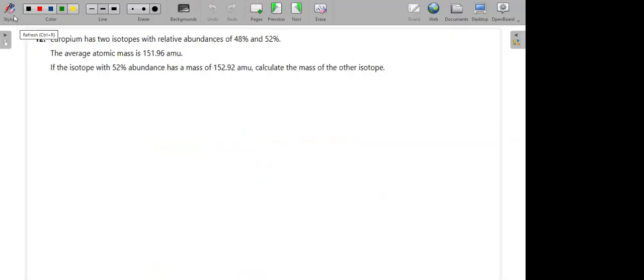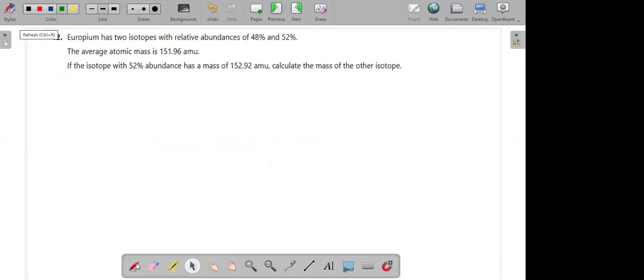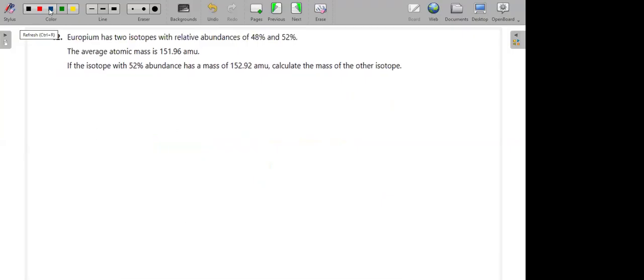The other one is this question here. They're saying europium has two isotopes with relative abundances 48% and 52%. The average atomic mass is 151.96 atomic mass units.